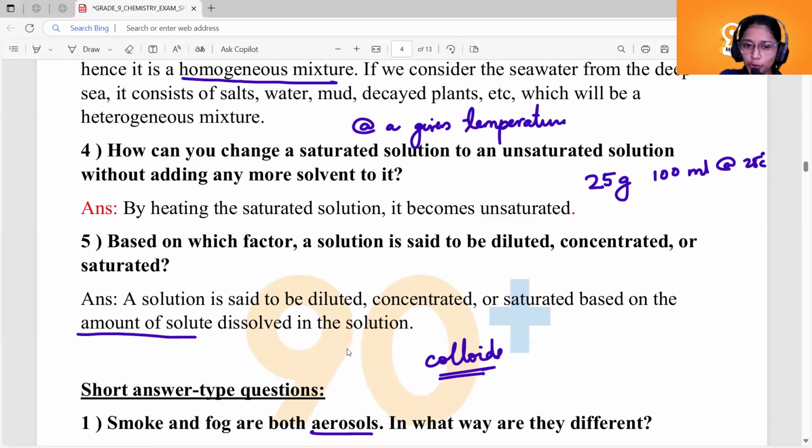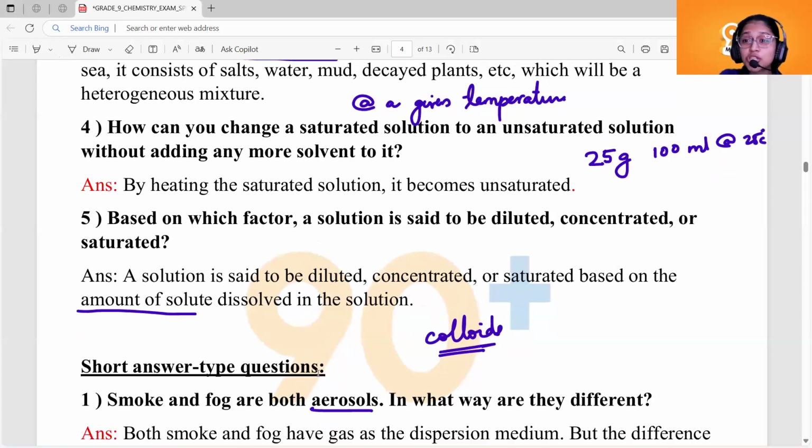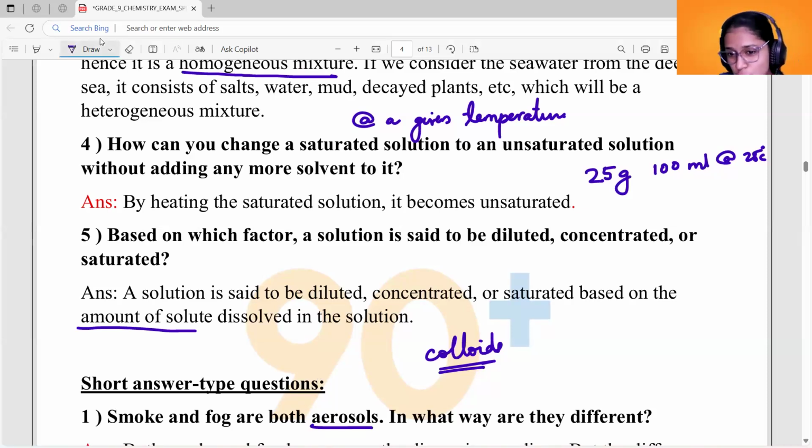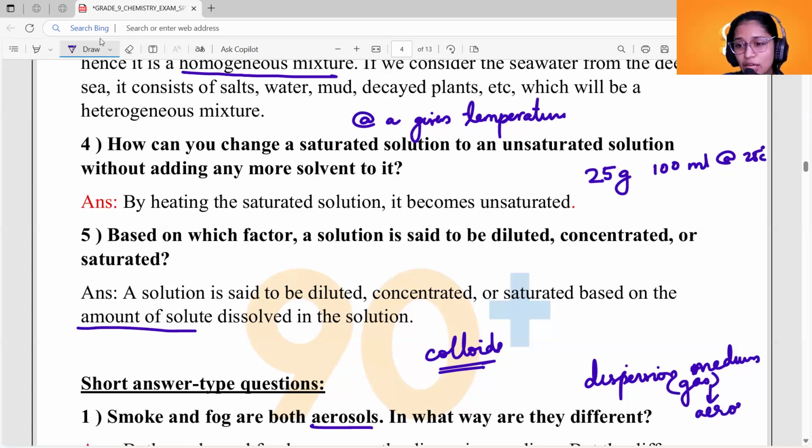So if you remember, I told you, whenever the dispersion medium is a gas, then we call such type of colloids as aerosols.